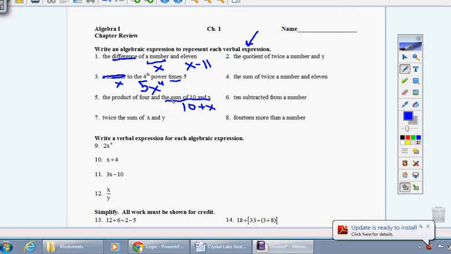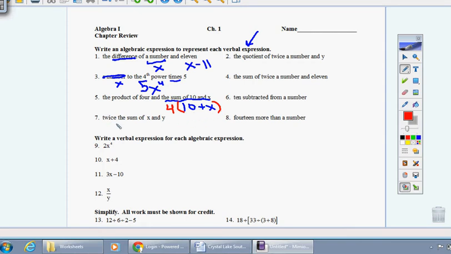Well, let's read it now that we've written out 10 plus x. Now it reads the product of 4 and 10 plus x. Well, if I want to multiply 4 times 10 plus x, I need to make sure that I put 10 plus x in parentheses, because I'm multiplying 4 by the quantity 10 plus x. So the answer to this one would be 4 times the quantity 10 plus x.